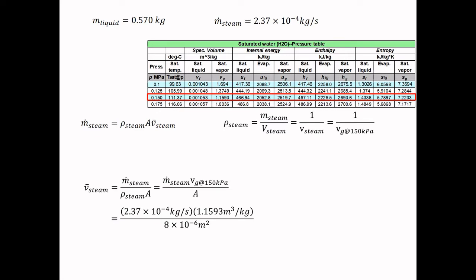So 2.37 times 10 power of negative 4 kilogram per second multiplied by 1.1593 meter cube per kg, the value for Vg, divided by the area of the exit of the pressure cooker, which is equal to 8 millimeter square. So we need to change from millimeter square to meter square, so we divide by 8 times 10 power of negative 6 meter square. So the value will be V steam bar equal to 34.3 meter per second.